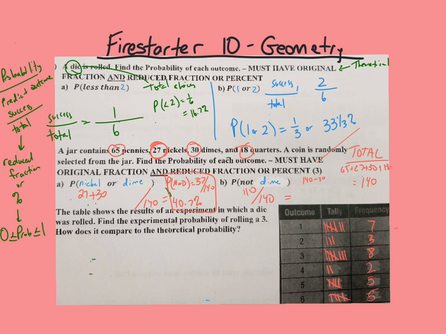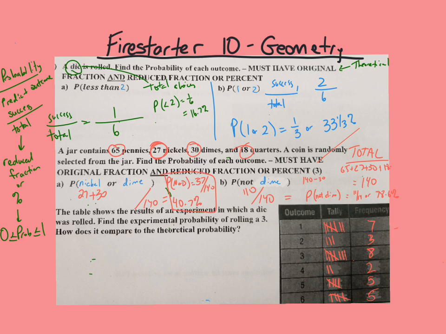So my probability of not a dime is going to be 11 over 14, that's the reduced fraction, or I'm going to write it as a percent. I think most of you guys will like percentages better because that just seems to make more sense to you in your brain. So you're going to put 11 divided by 14 times 100. You're going to get 78.6%. So that's it for that one.